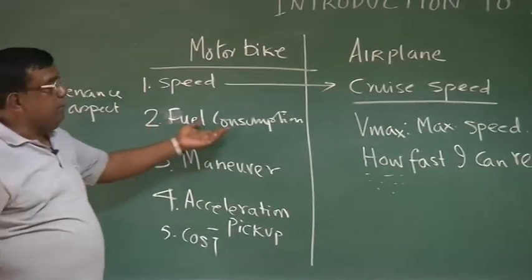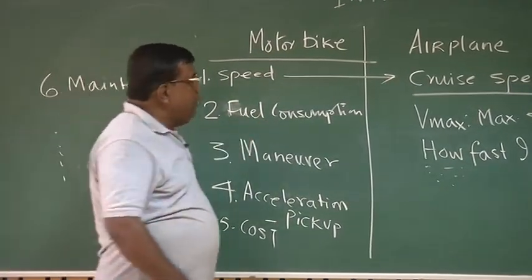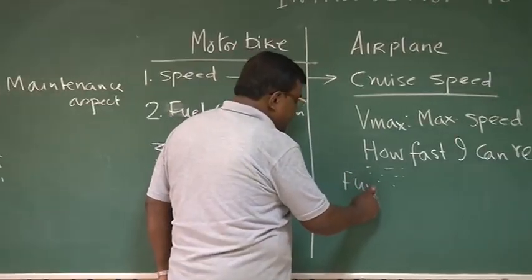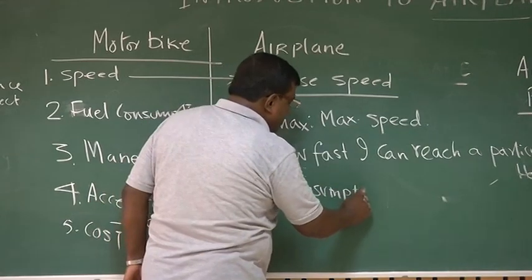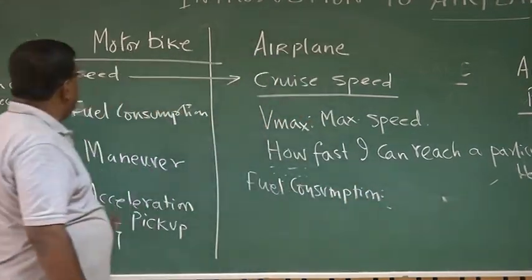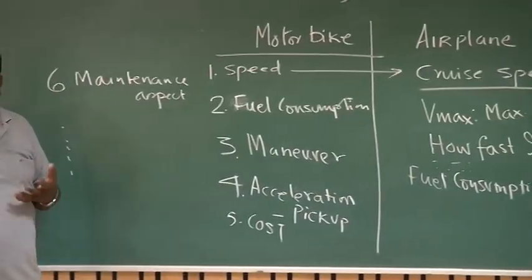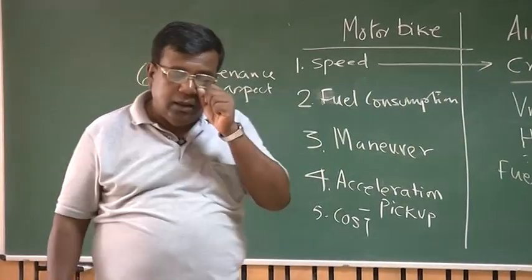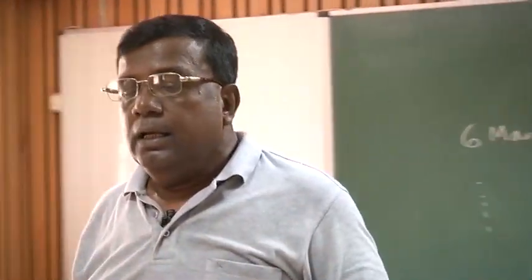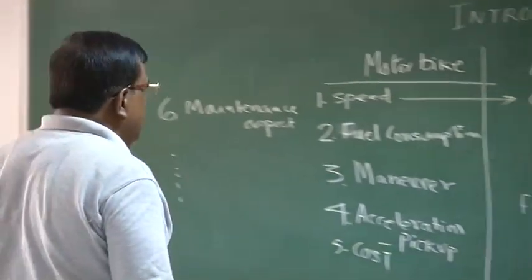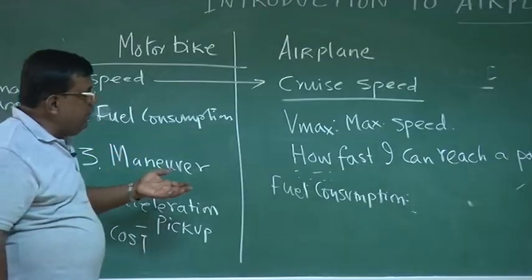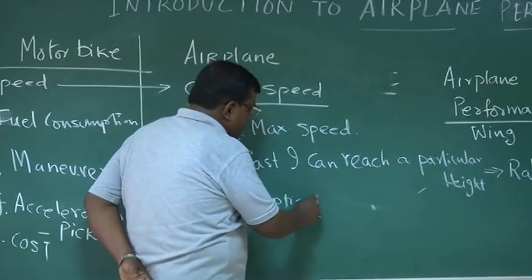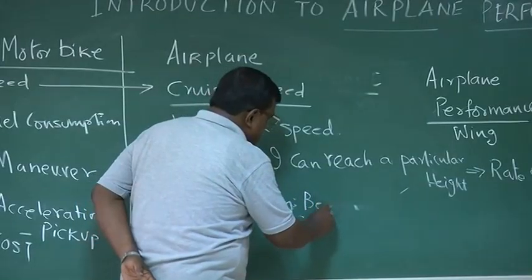Now, coming to fuel consumption for an aircraft, think of a motorcycle or a car. If you want the best fuel consumption, then there is a defined speed. At that speed, if you drive your machine, you get the best or minimum fuel consumption. Similarly, for an aircraft, from the fuel consumption point of view, you have a best speed.